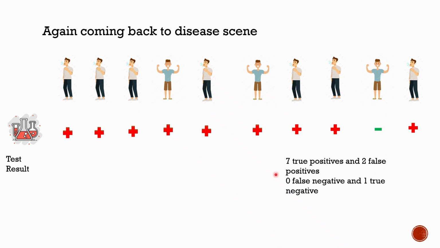The next is false positive, which means this patient did not have the disease but the test showed a positive result. Next is false negative, that is 0. No diseased patients were missed by the test. Next is true negative, that is 1. One patient without disease was correctly identified as negative by the test.